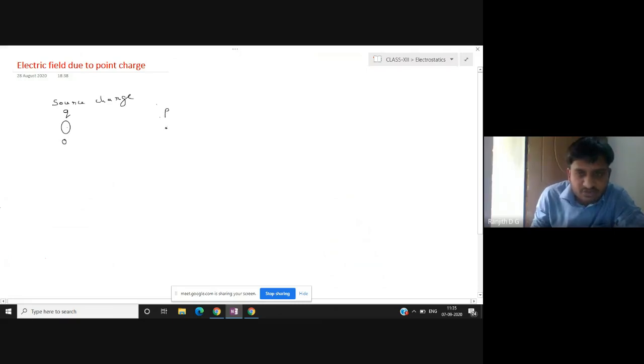At this point, I need to find out what is the electric field of this source charge, which is the point charge.